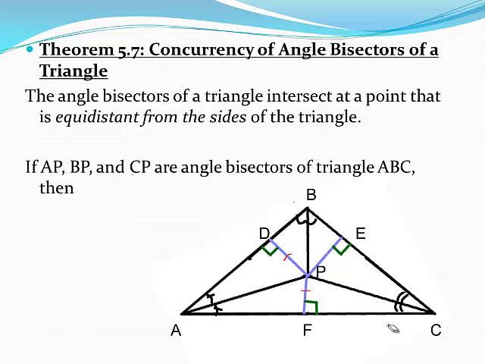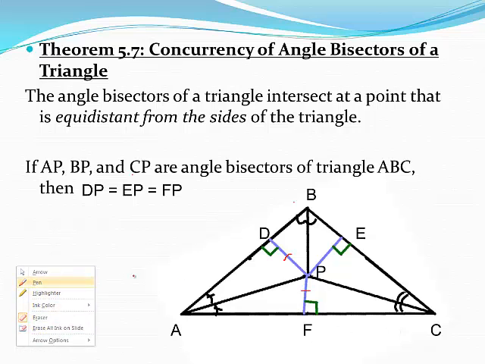So if AP, BP, and CP are the angle bisectors of the triangle ABC, we can conclude that DP, EP, and FP's length are all going to be the same. So we basically apply this angle bisector 3 times, and we'll have a point of concurrency in the triangle.